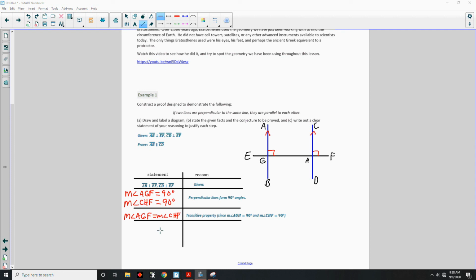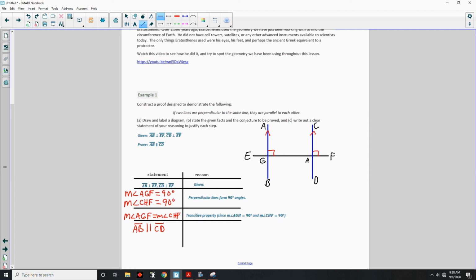Since they're both equal to 90 degrees, they're equal to each other. And that basically sets us up to prove that segment AB is parallel to CD. I can now say that AB is parallel to CD.